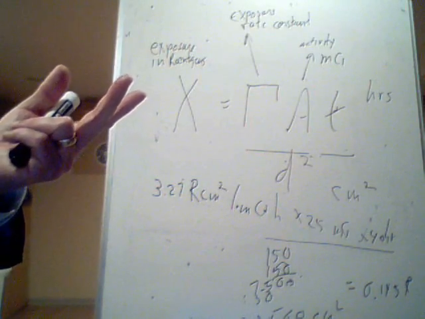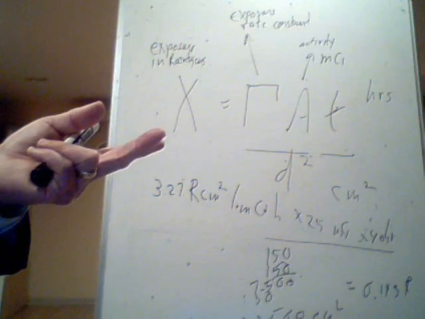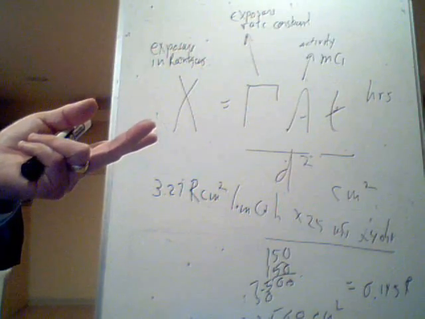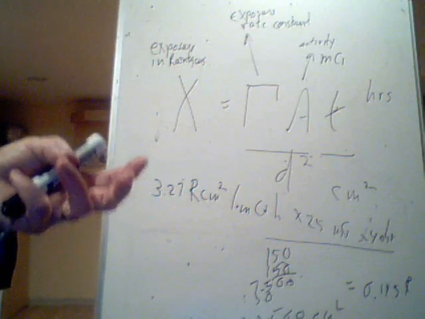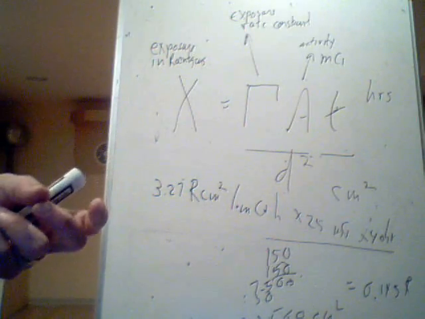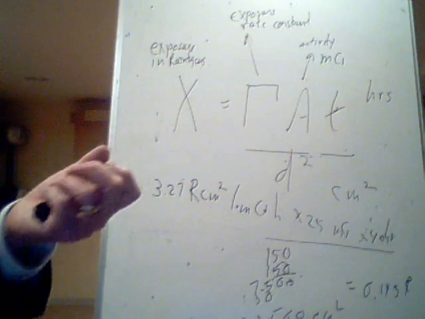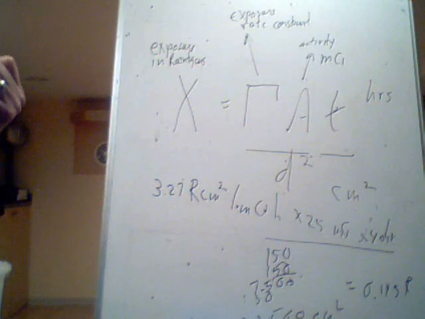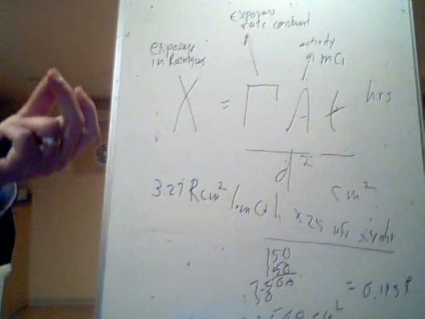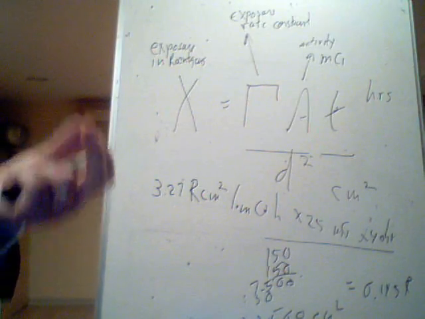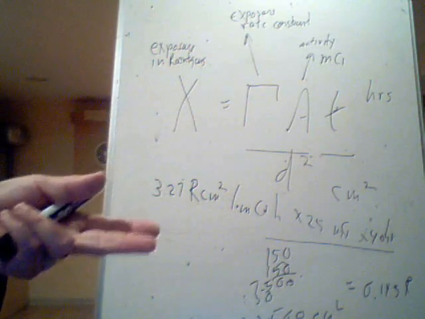So how many half value layers does that correspond to? Since a half value layer is calculated to be 0.65 centimeters, remember, that's the thickness we would need to reduce the value from 145 milliroentgens to half of that value, which would be 72.5.